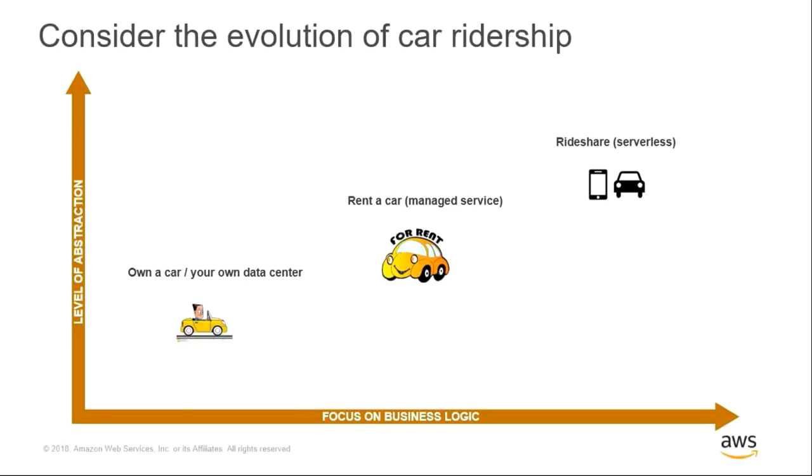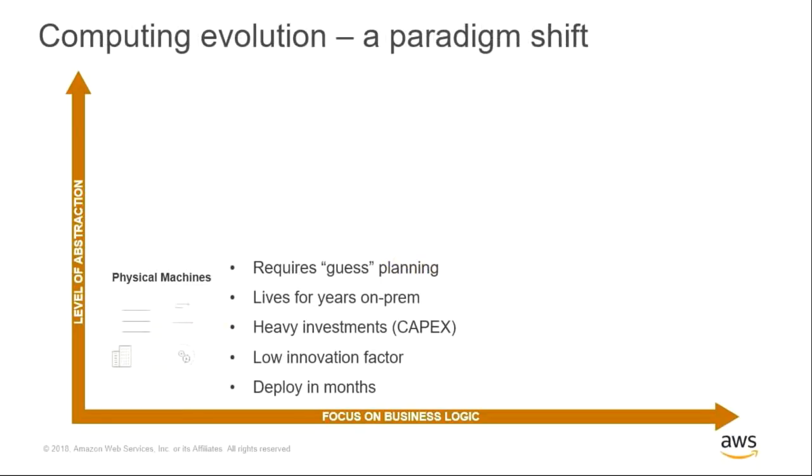If you look at the evolution of how computing evolved, it's basically been a move towards that point for many years now. In the past, you might have used physical machines, which you provisioned probably in your own data center, and you had to do all the capacity planning, and you had to pay and own all of those machines. That was a capital investment, and you had to stick with whatever you bought for several years until the end of life of those assets.